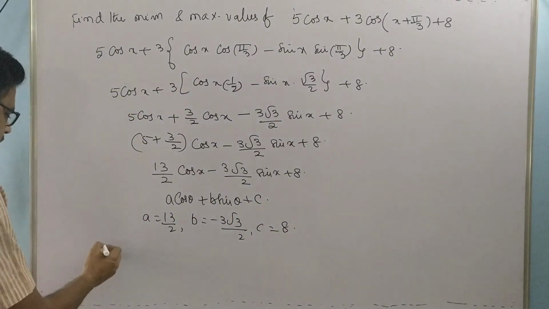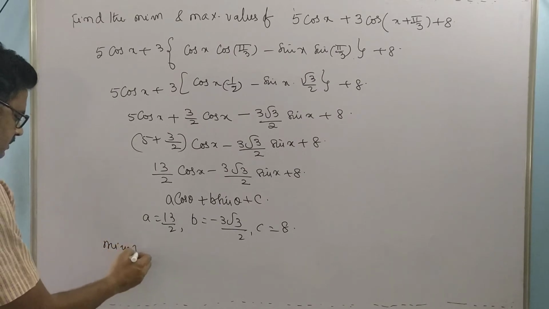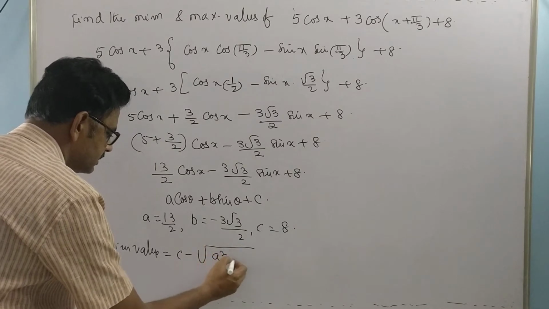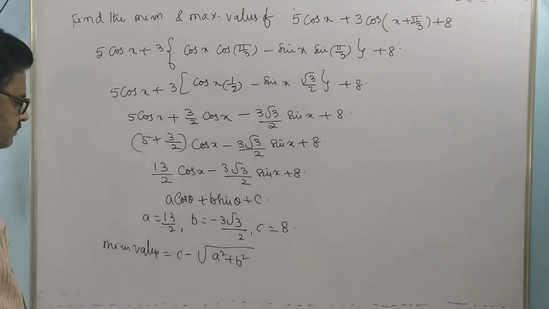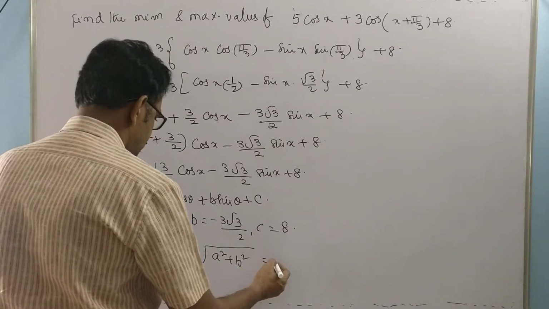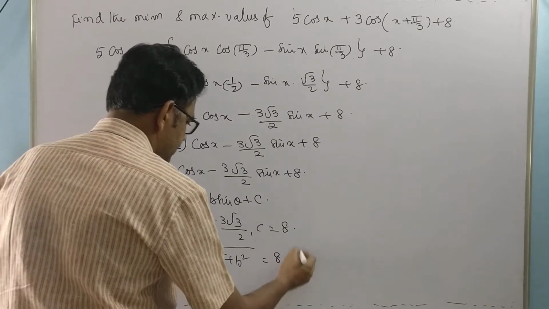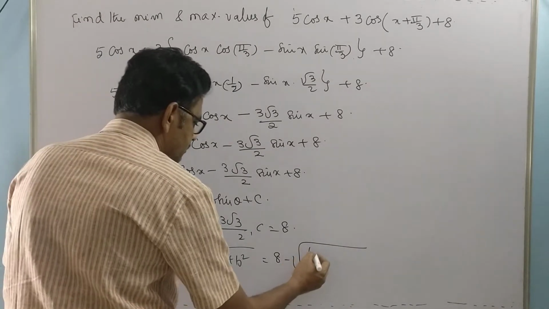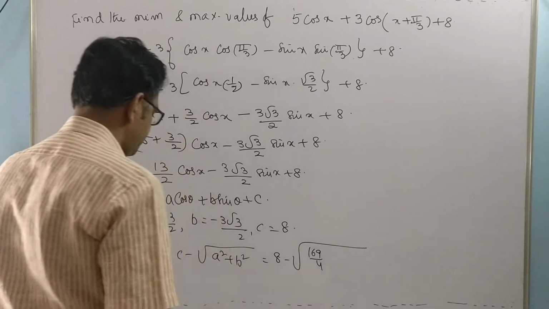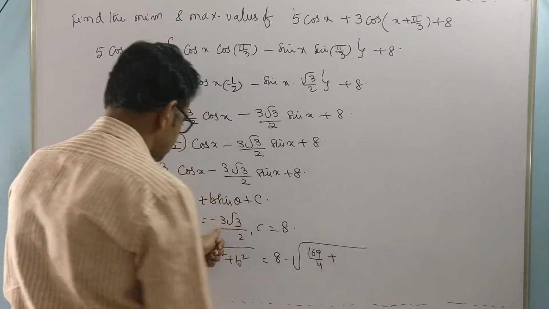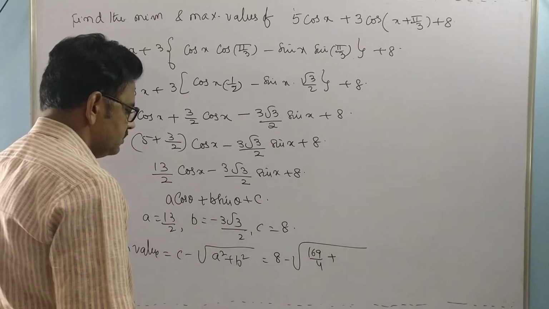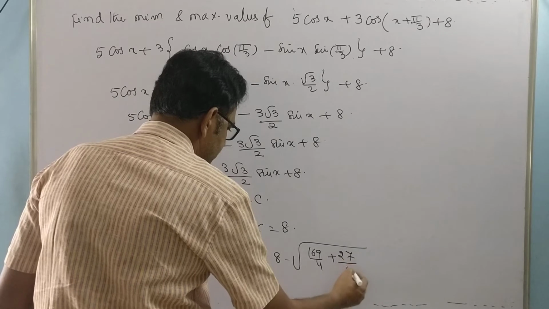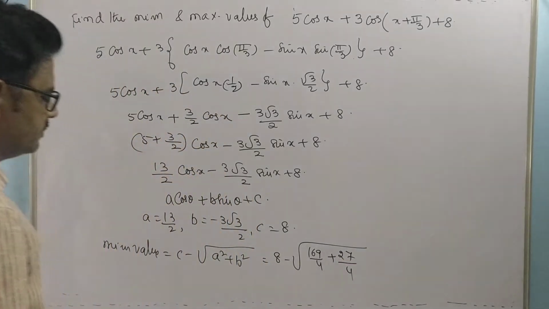So the minimum value is c minus root of a square plus b square. That is equal to 8 minus root of a square, 169 by 4, plus b square, squaring this, 9 into 3, 27 by 4.